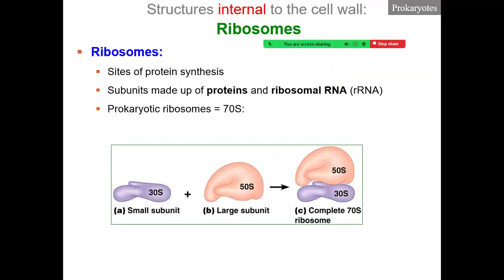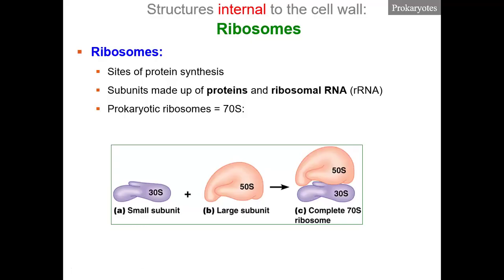You don't need to know the makeup of a ribosome, but you should know that prokaryote ribosomes are a little smaller than eukaryote ribosomes. Prokaryote ribosomes are 70S in size. Eukaryote ribosomes are larger. They are 80S in size. You don't need to know too much about the S. The S is actually the sedimentation coefficient, where the ribosome sediments in an ultracentrifuge gradient.